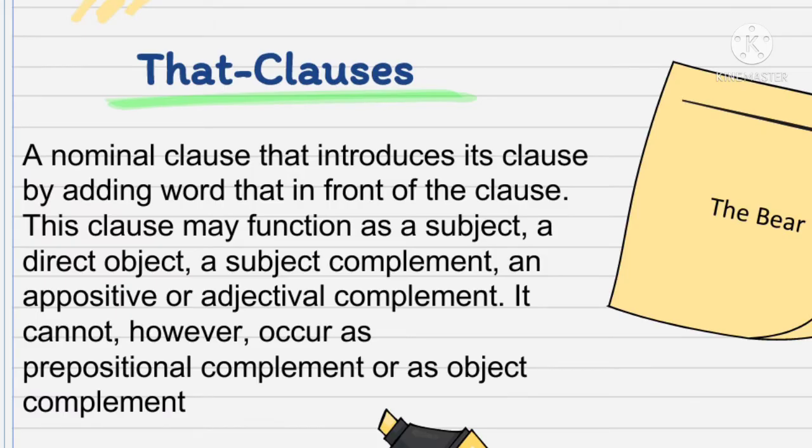And the next, that-clauses. A nominal clause that introduces its clause by adding the word that in front of the clause. This clause may function as a subject, a direct object, a subject complement, and an appositive or adjectival complement. It cannot, however, occur as a prepositional complement or as an object complement.